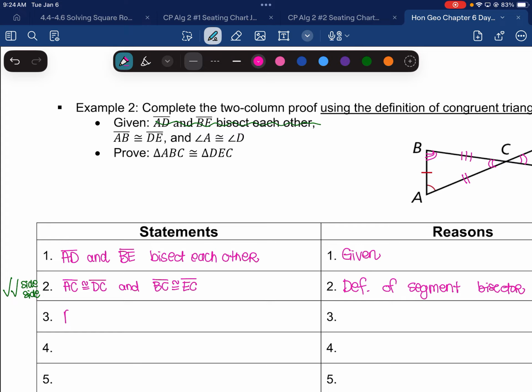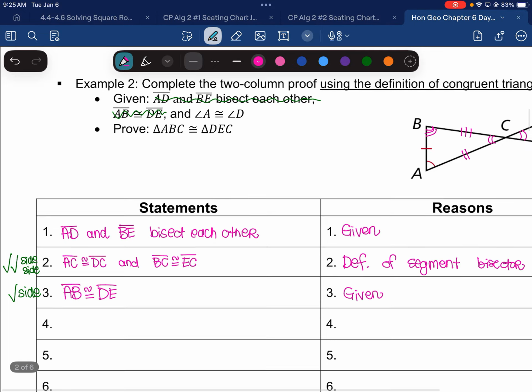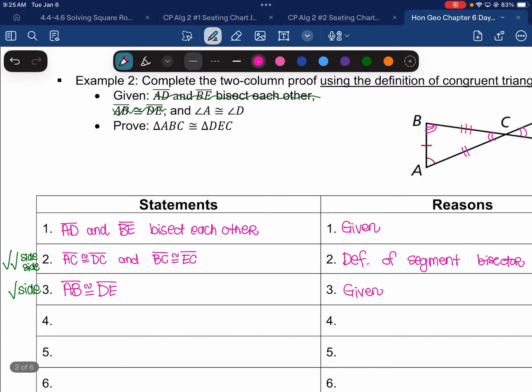Go back and use the second piece of given information. And mark that as your third pair of congruent sides. We knew that right off the bat. And then we can finish our given information.